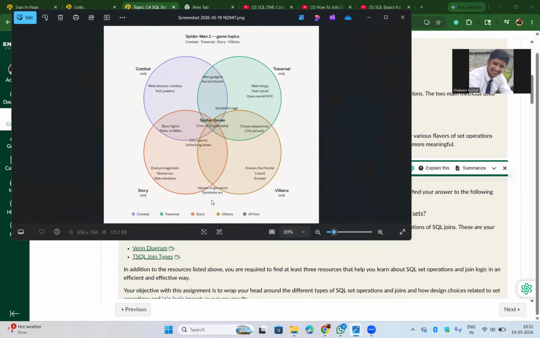Combat is purple, traversal is light green, story is light red, and villains are light yellow. So this is about all the colors and the Venn diagram.